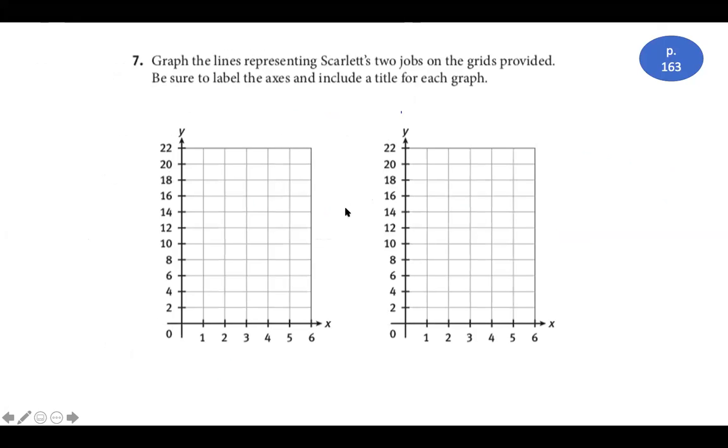Okay, so we are going to graph the jobs. So let's make this job be the lifeguarding job. And let's make this job be the umpire job. Lifeguarding job, let's label our axes. Always label your axes.